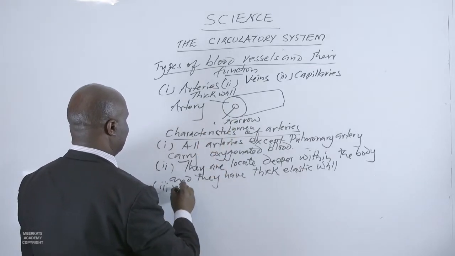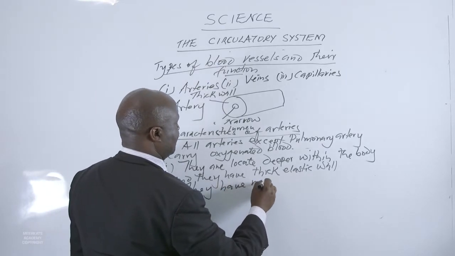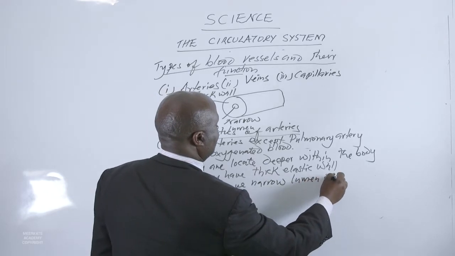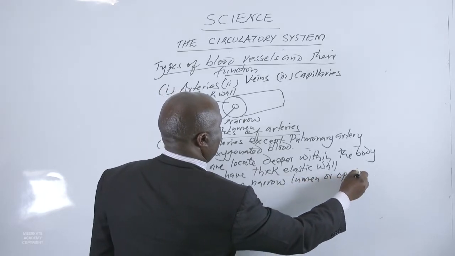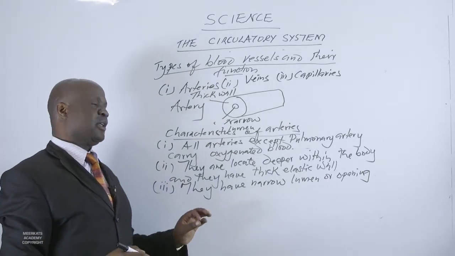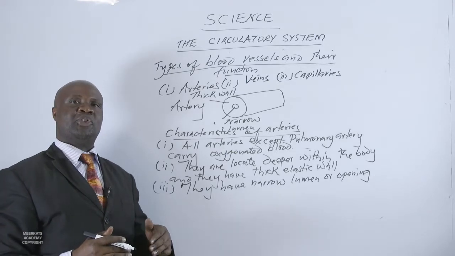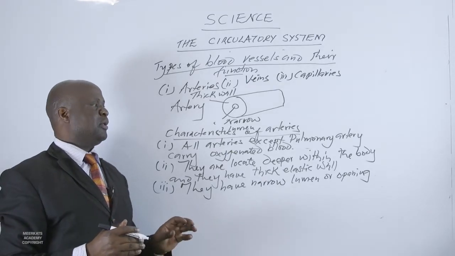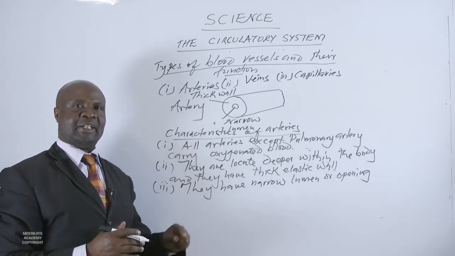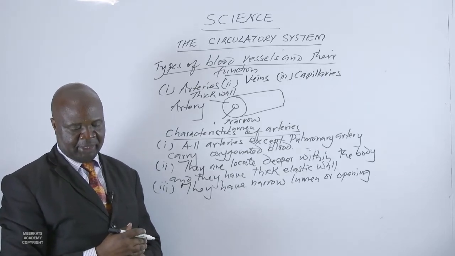The narrow lumen assists in terms of pressure. Pressure needs to be high so that the blood being pumped will reach the intended cells correctly.